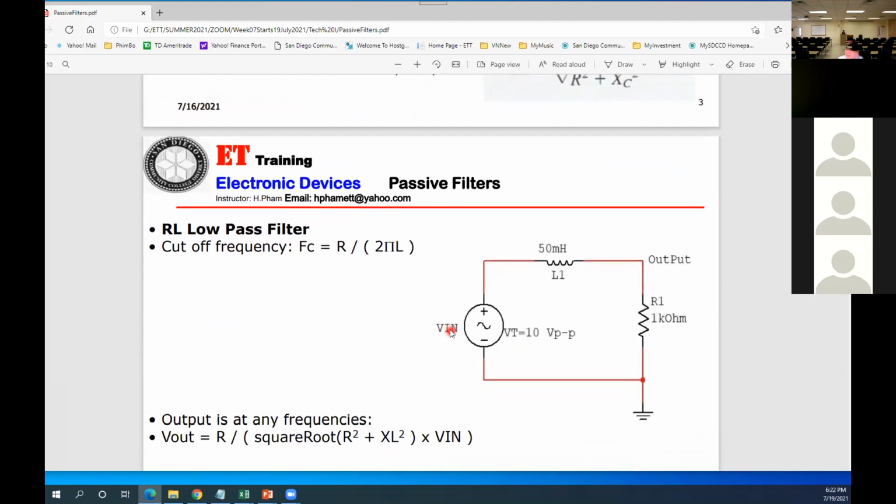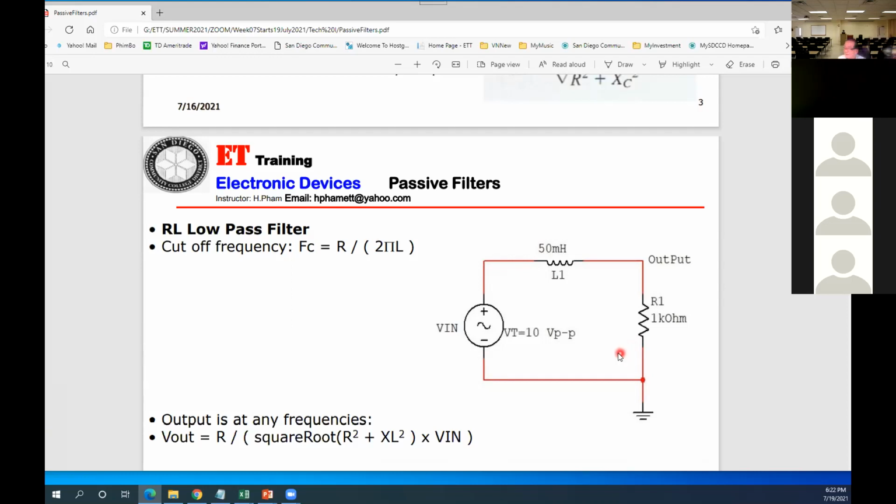Now I want you to calculate the, oh no, they go to another one, RL. We just got through the RC. Now they just give a picture for RL. That means inductor and resistor. You can see the difference.